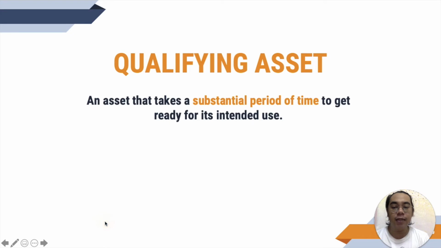So what are qualifying assets? Qualifying assets are assets that take a substantial period of time to get ready for their intended use. So it takes a long time to make. Examples of qualifying assets are inventory. You might wonder, sir, are there inventories that take a substantial period of time? Yes.